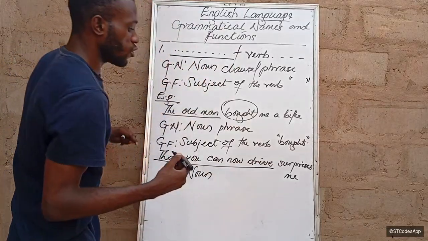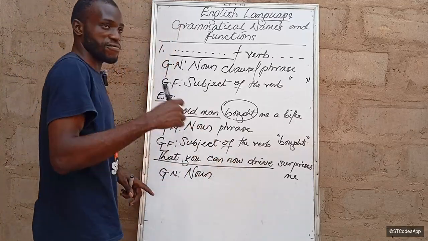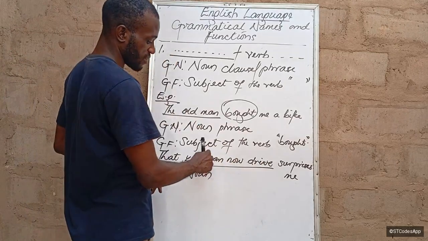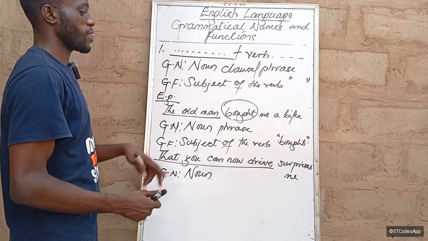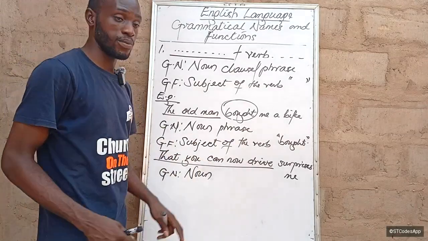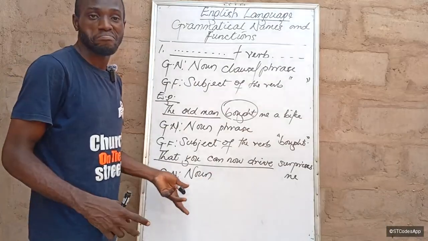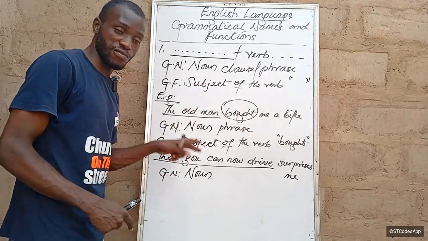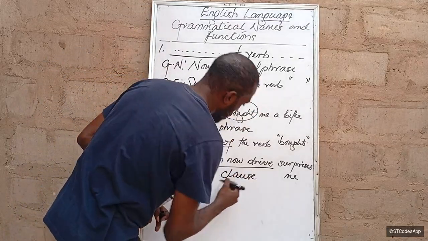A noun or nominal phrase or clause. You are going to check within the structure. Is there a verb? Now you can already see that there is a verb here. Can, drive, verbs, okay? In fact, even though "can" is auxiliary, it is still a verb. Since there is a verb there, this becomes a clause. So we have a nominal clause.